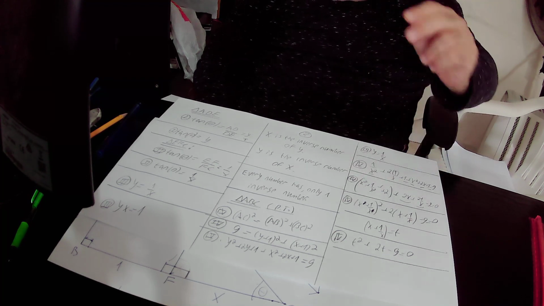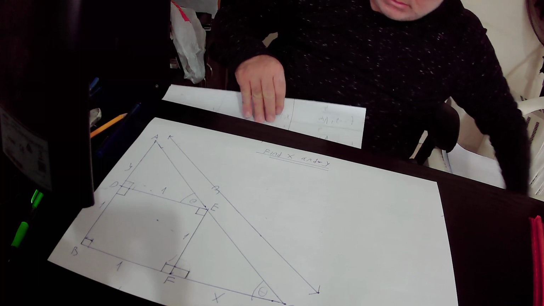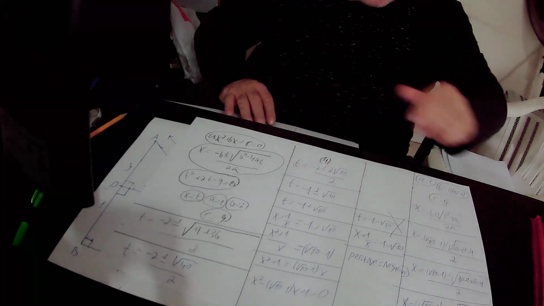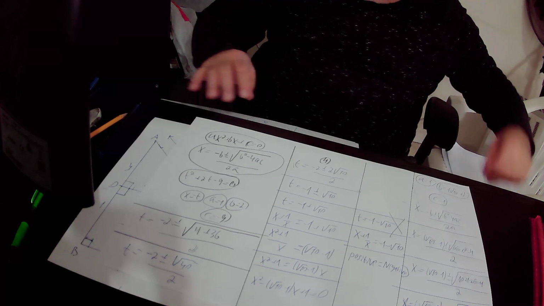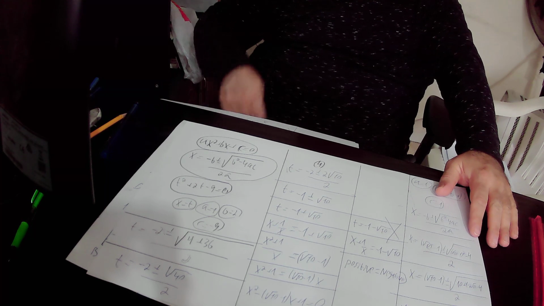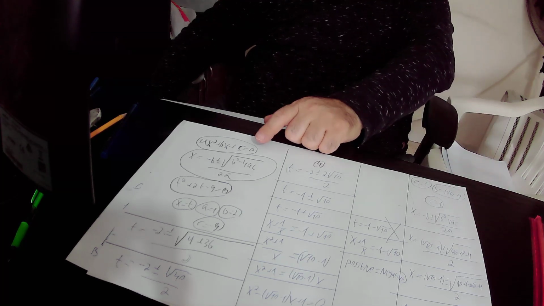So here we got a quadratic equation. The general form of a quadratic equation is ax squared plus bx plus c equals 0. A, b, and c are the coefficients of the quadratic equation, and x is the variable that we are looking for, and we will find the value of x according to a special formula.